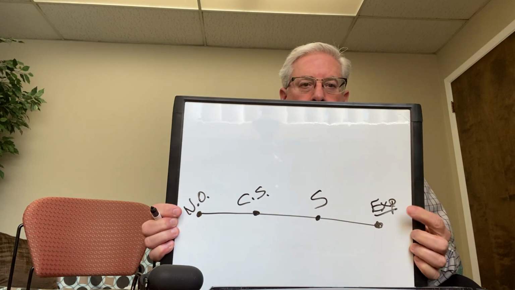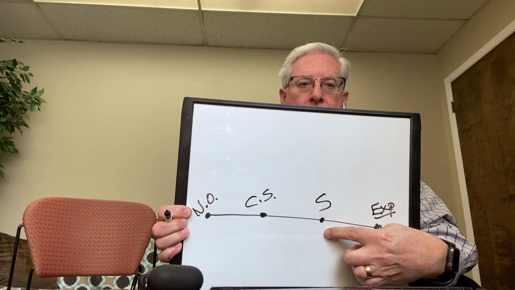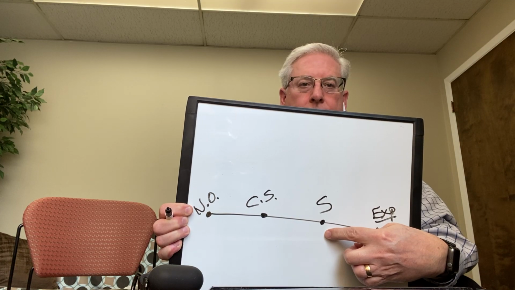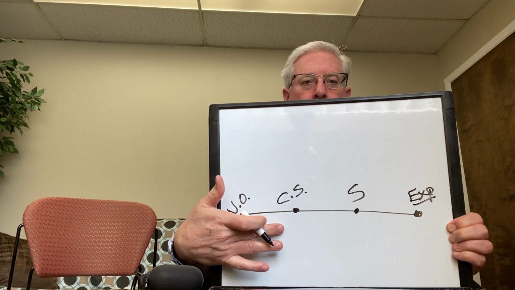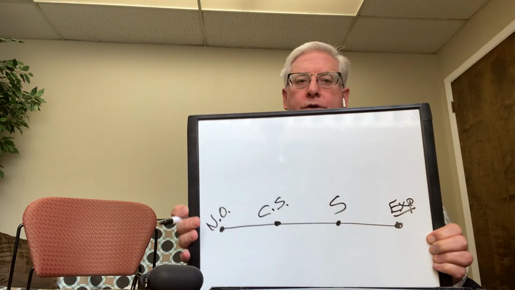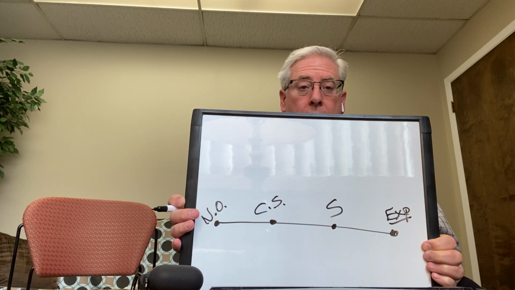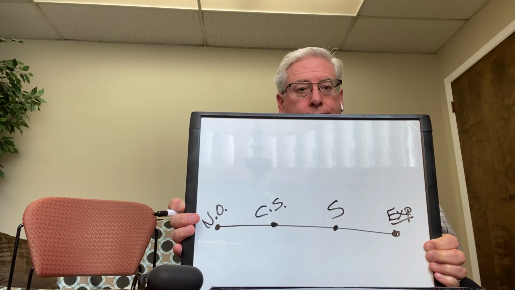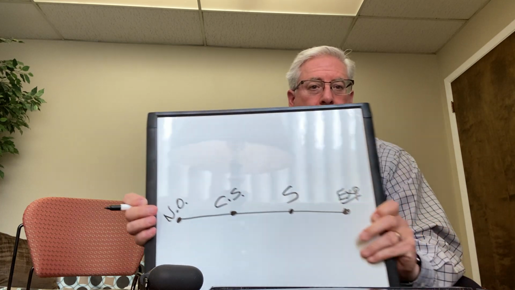Now the survey is closer to the experiment because the survey is going to control quite a few variables. We'll talk about that in a minute. On the other hand, over here, the case study doesn't want to control variables very much. Not very much at all. So therefore, it's going to be closer to naturalistic observation.